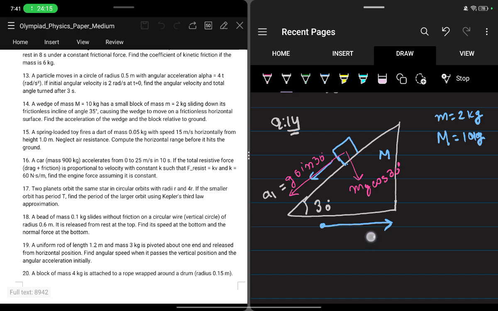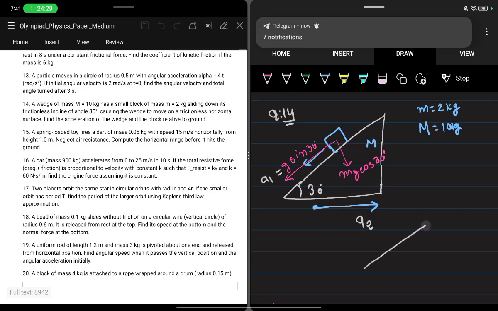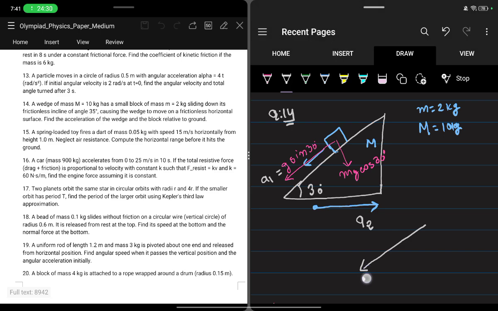And let's call the acceleration of the bigger wedge a2, okay? So if you make the free body diagram or vector diagram, it looks this way, yes or no? This is a1, this is a2, right? Which is making an angle 30 degree, yes or no? So you can take the components, right?